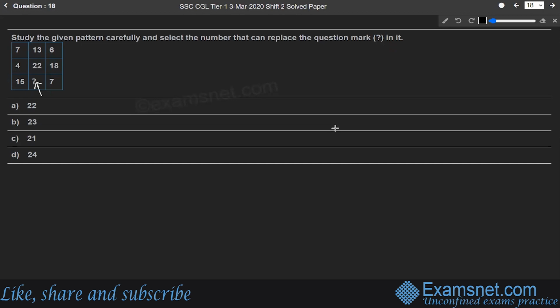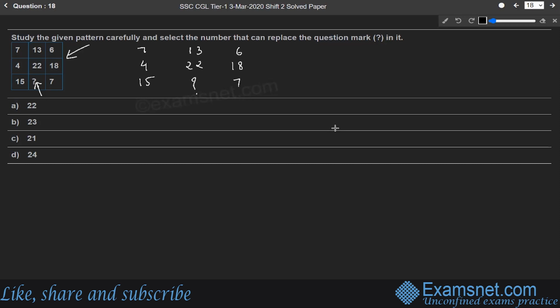For this question, we have to understand the logic behind how this pattern is formed. In the first row, there are 3 numbers: 7, 13, 6. In the second row, there are 3 numbers: 4, 22 and 18. And in the last row, there are 3 numbers: 15, question mark and 7.